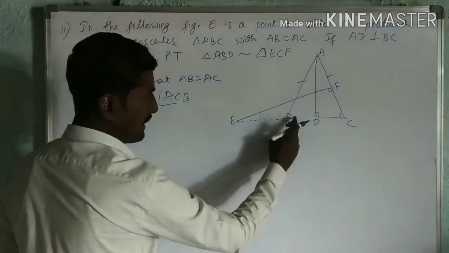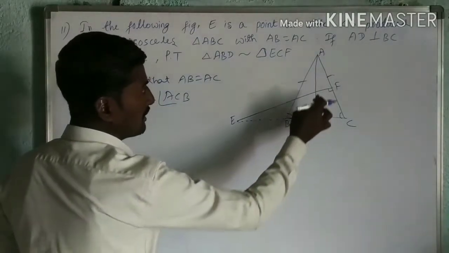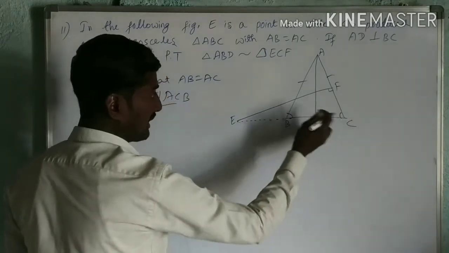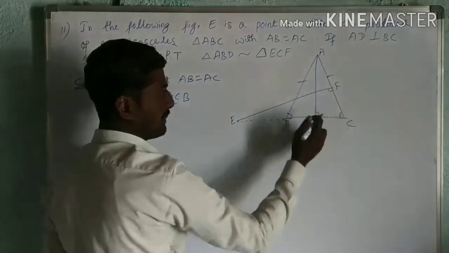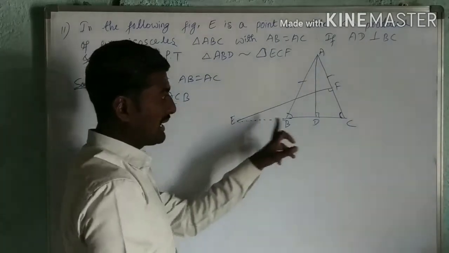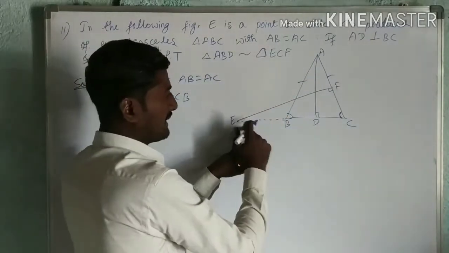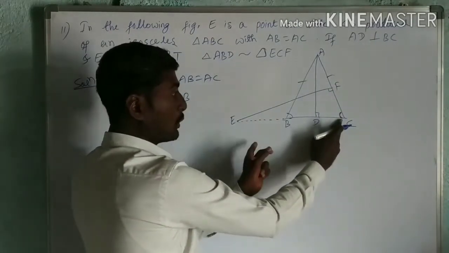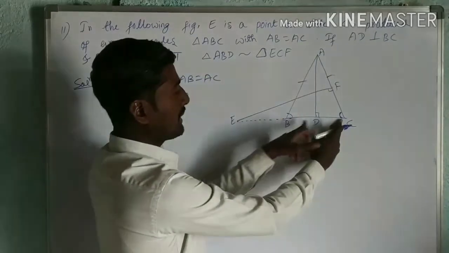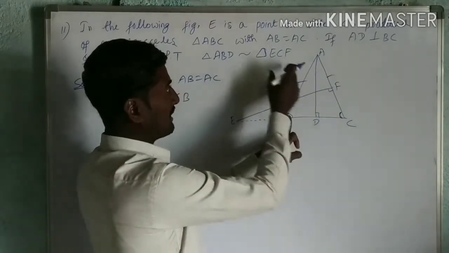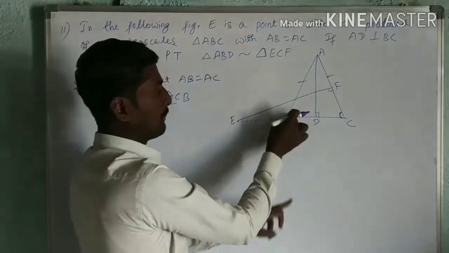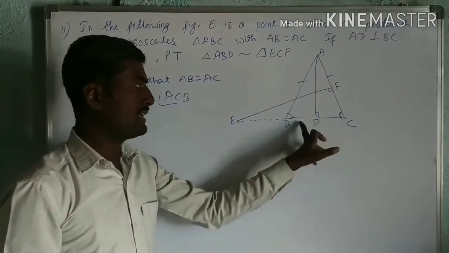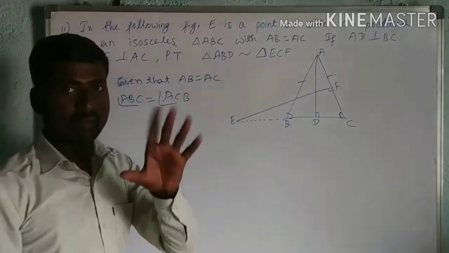If angle C is equal to angle B, then for triangle ECF, angle C is equal to angle B of triangle ABD. So these two angles are equal, in this triangle C, in this triangle B. So for these two triangles, I got one condition.